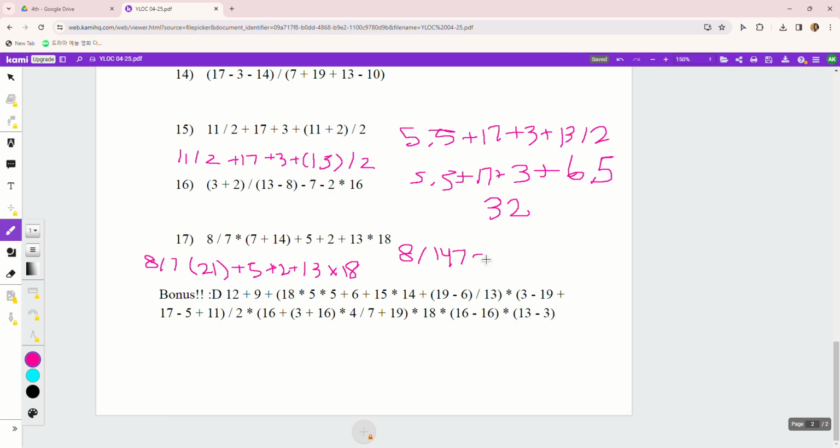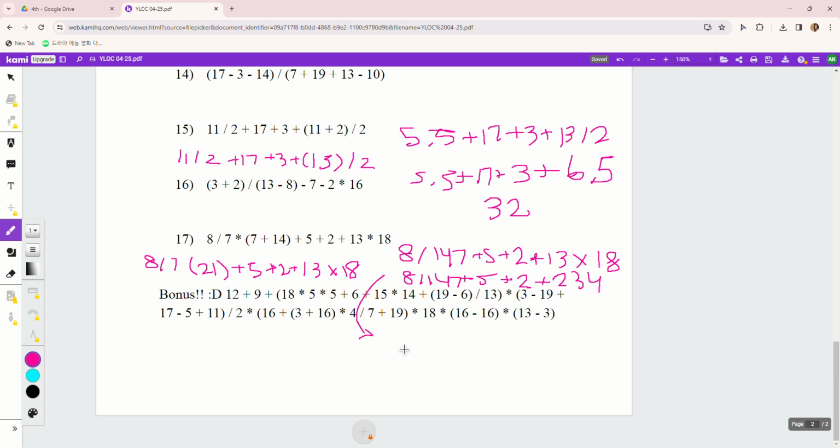147 plus 5 plus 2 plus 13 times 18. So from here you would do 13 times 18, which is 234, and then plus 2 plus 5 plus 8 divided by 147.